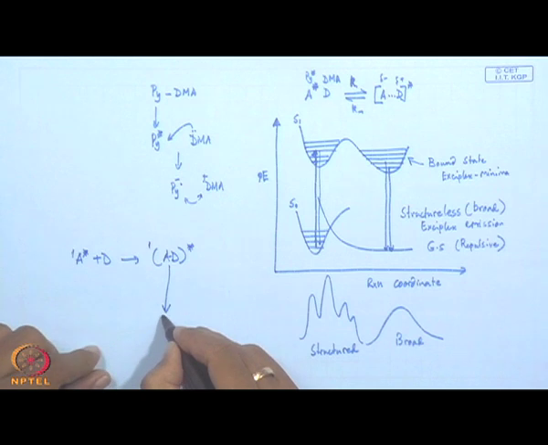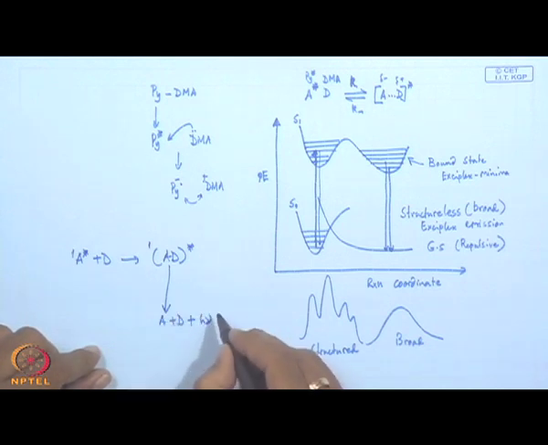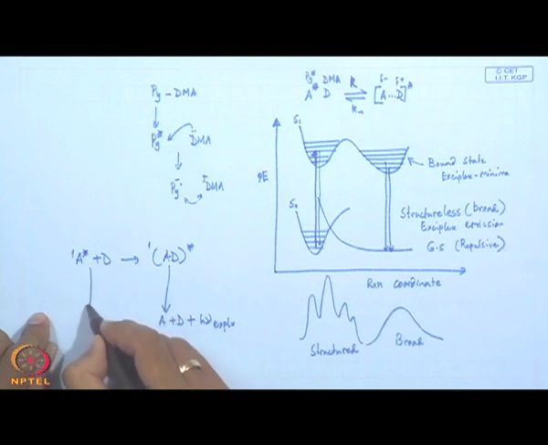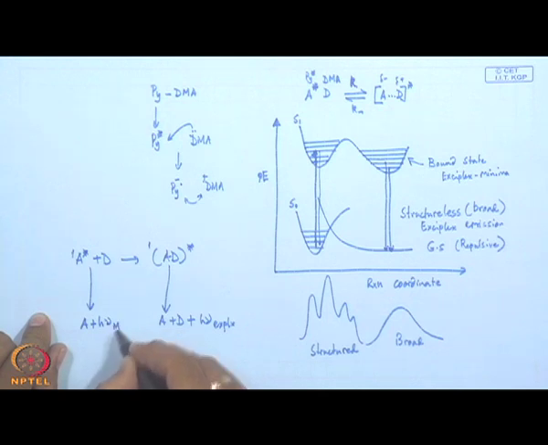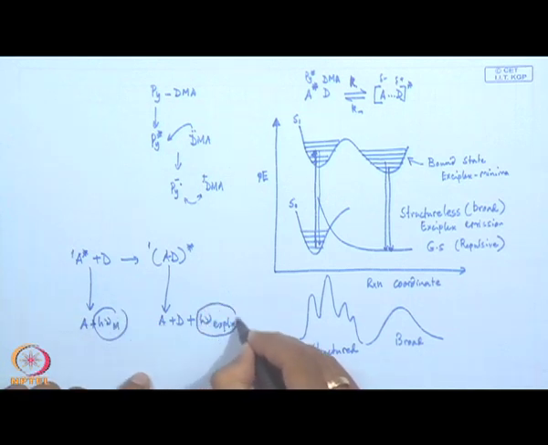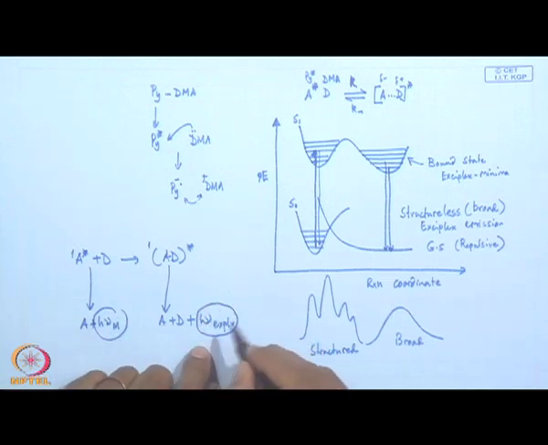Then it gives you A plus D plus h nu, the exciplex emission, and it gives you A plus h nu, the monomer emission. This is structured, this is broad.